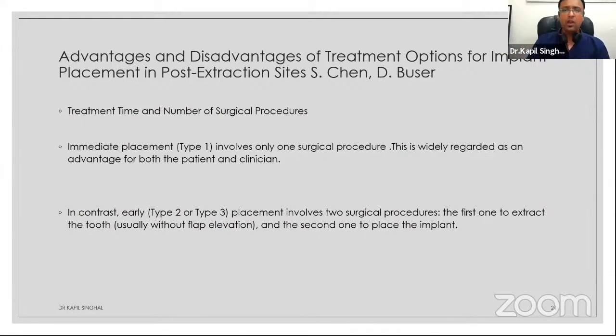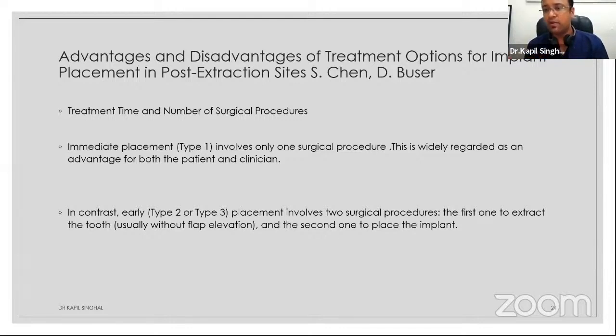Okay, now what are the advantages of the different techniques that I have told you? I have told you type 1 implant placement in post extraction sockets, type 2, type 3. So what are the advantages of it? Daniel Buser said the main advantage, and we also know the main advantage, is the time and the number of surgeries.